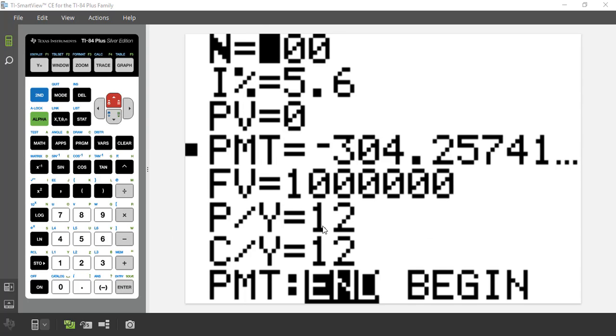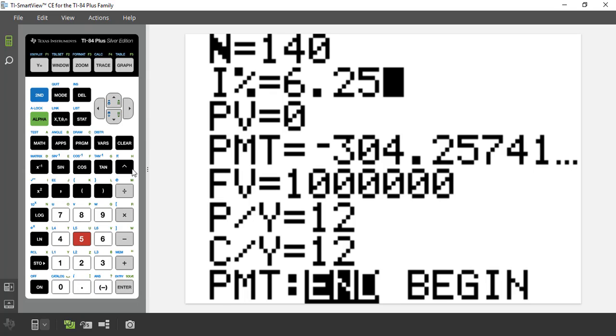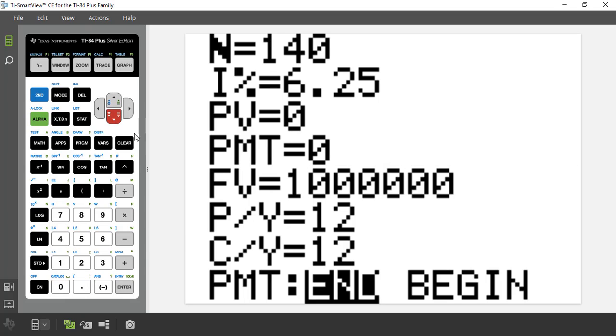Now, I will put this into the TVM solver. For this N will be 4 times 35. Percentage will be 6.25. PV, that's the value we are looking for, so we put the 0 first. PMT will be 0. Future value will be 100,000.